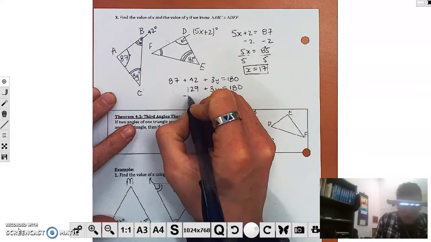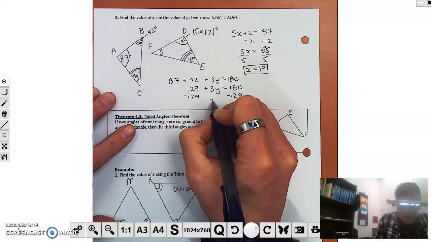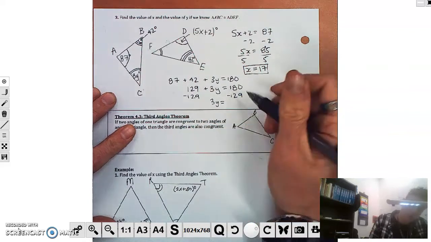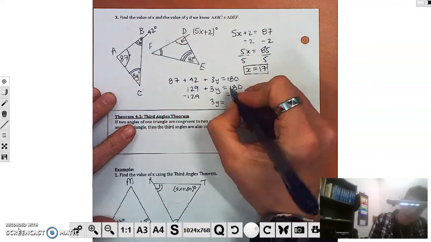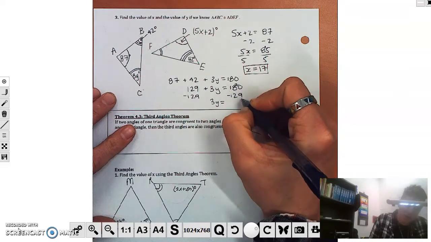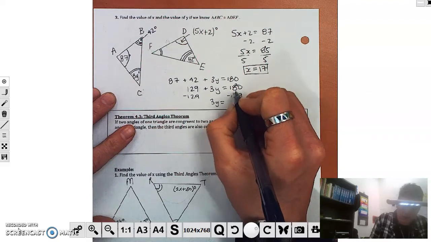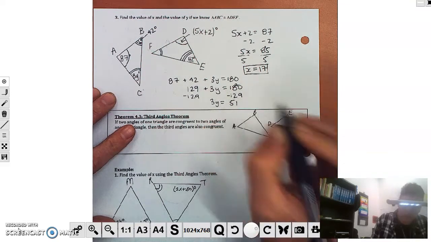Let's subtract 129 on both sides. Of course, it's only fair. Y equals, well, we're going to have to do a little borrow action. 10 minus 9 is 1, 7 minus 5. Just kidding. 7 minus 2 is 5.